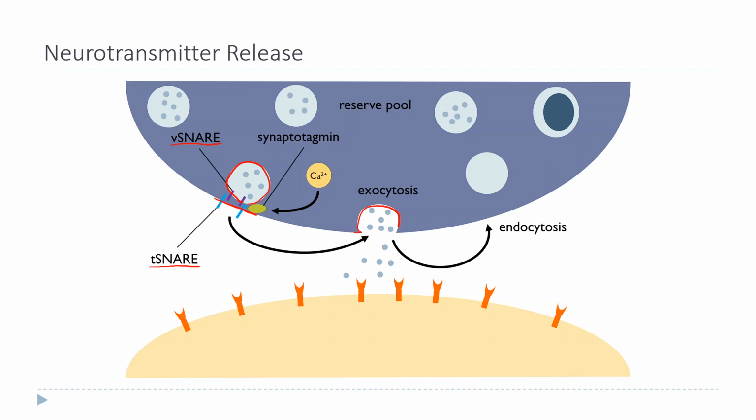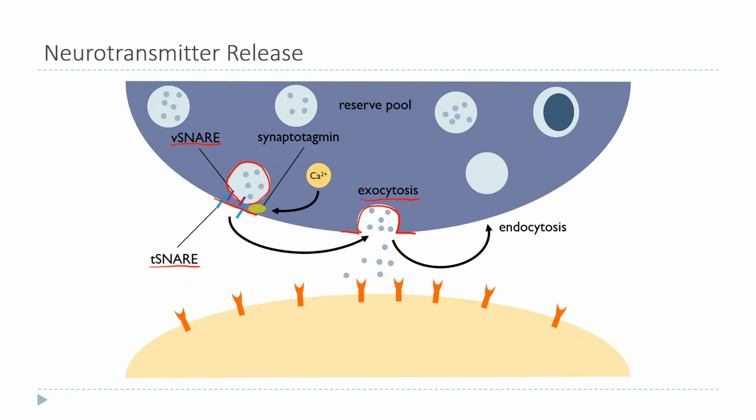Now the membrane of the vesicle and the membrane of the terminal become one, which means the contents of the vesicle become free to leave and become part of the extracellular fluid. That process is called exocytosis. Exocytosis is a generic term for any time something inside a cell is released like this, like with a vesicle that fuses with the membrane and releases its contents.